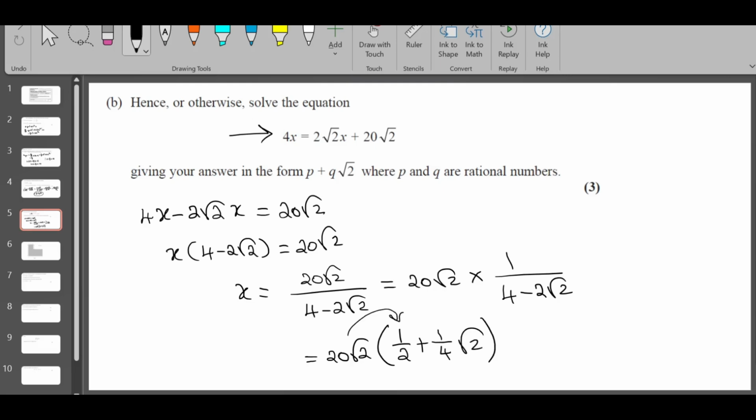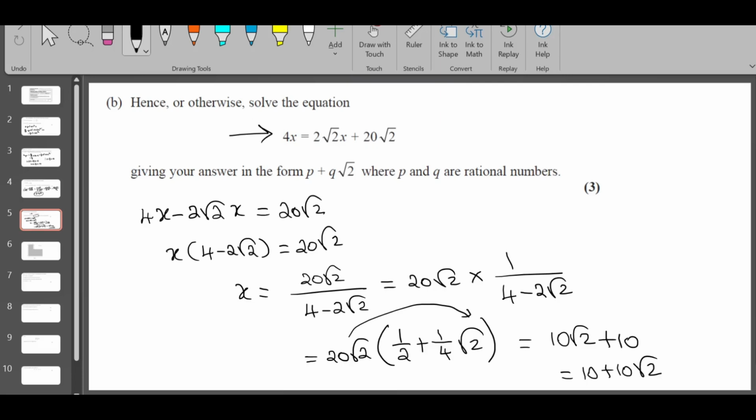When you multiply these two, 20 over 2 is 10. So we'll get 10 root 2. When you multiply these two, 20 over 4 is 5. Root 2 times root 2 is 2, so you will get just 10. They want the answer in this format, so it is equal to 10 plus 10 root 2.